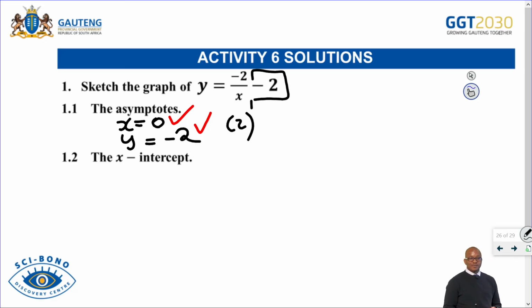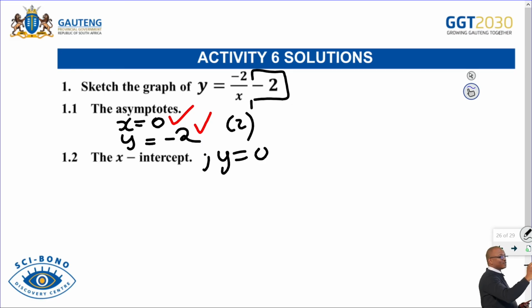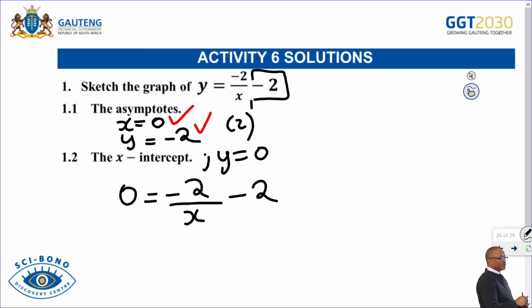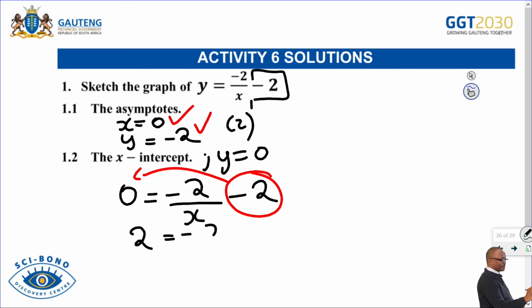Then from there we can calculate the x-intercept. For the x-intercept, we know that y is equal to 0. So we have 0 is equal to -2 over x minus 2. This -2, we're going to transpose it, so we have +2 equal to -2 over x.